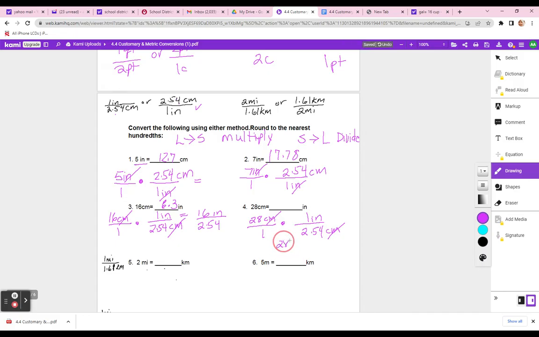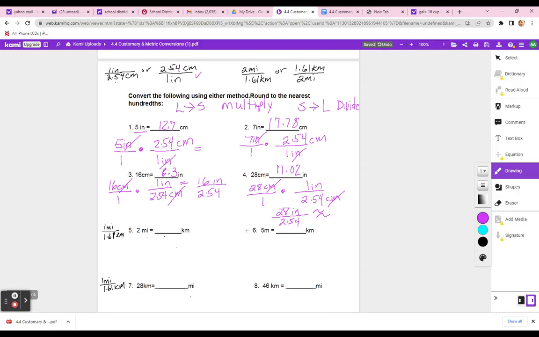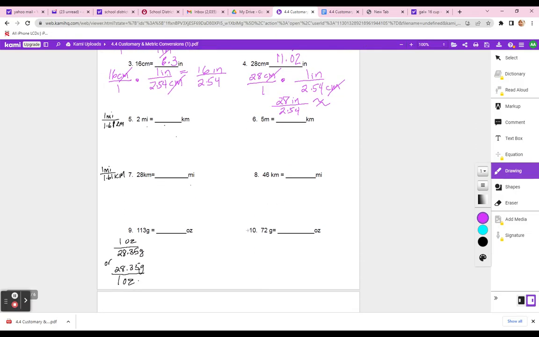I'll have 28 inches divided by 2.54. And this is approximately 11.02 inches. All right, let's keep going.